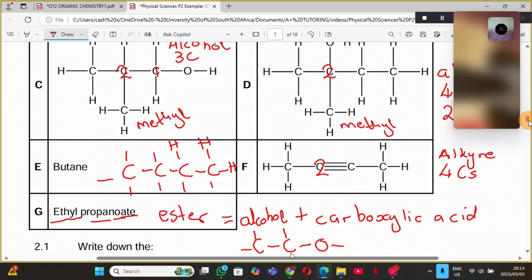Now I'm starting at the C. This side is the carboxylic acid, so how many C's? Here it's prop, so 3 C's. But because it's the carboxylic acid, remember it has a double-bonded O. So this is now your ester, with everything else being H's.